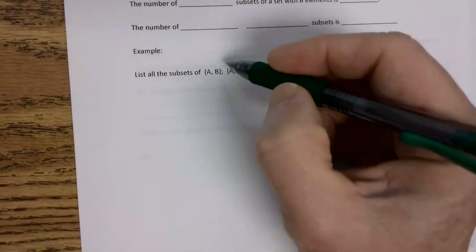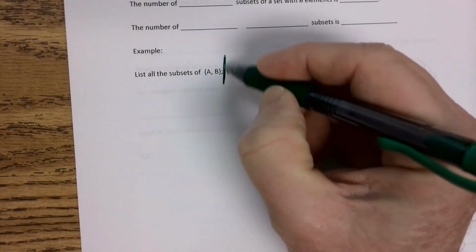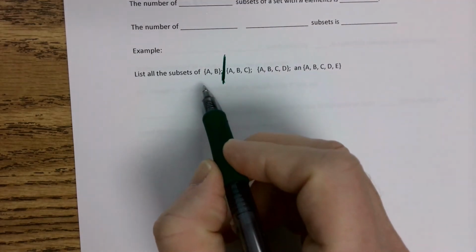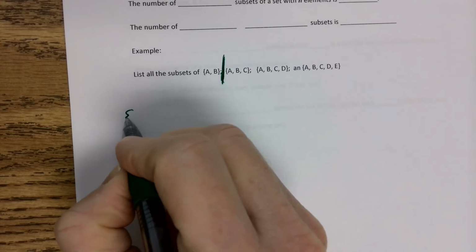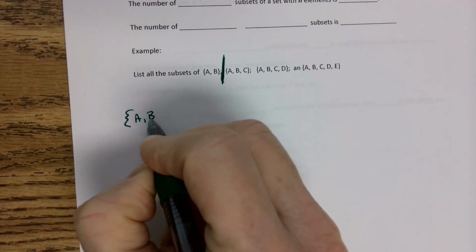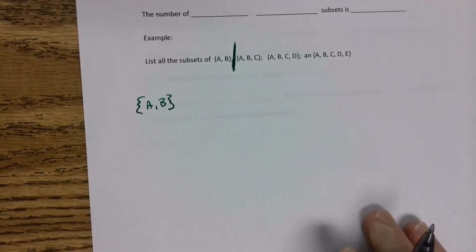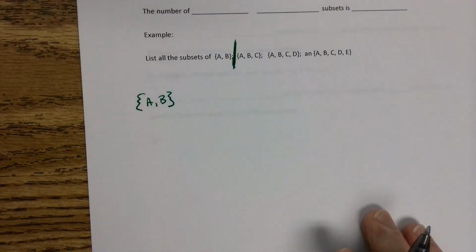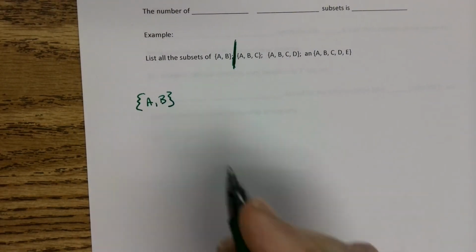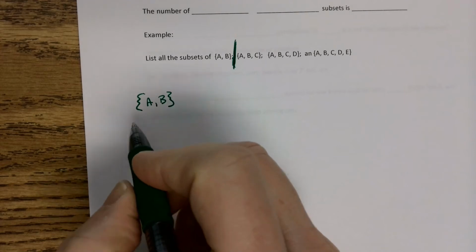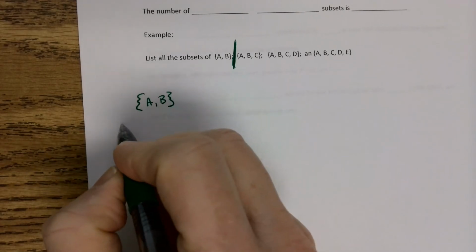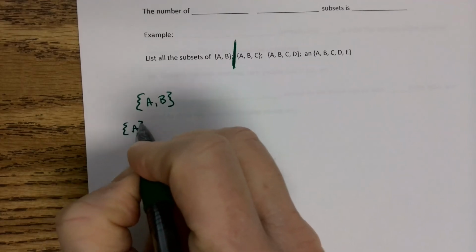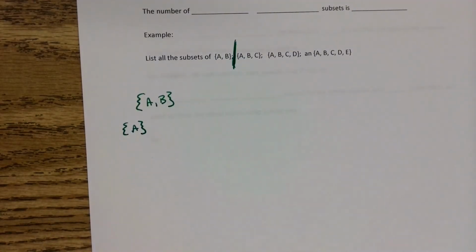Ready? Let's just look at this very first one. This very first set AB. Okay, so we're looking just at A, comma B. Now tell me what are some subsets of that. Subsets of AB. What did I hear? Did I hear A? Yeah, I did hear that.